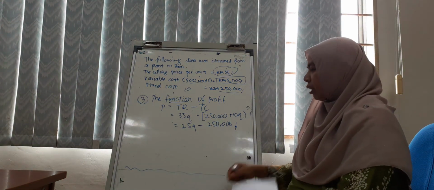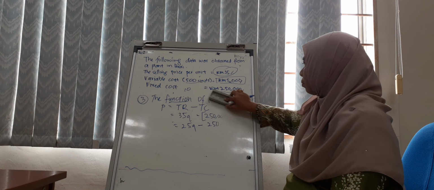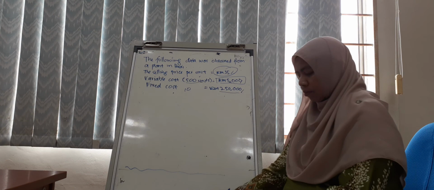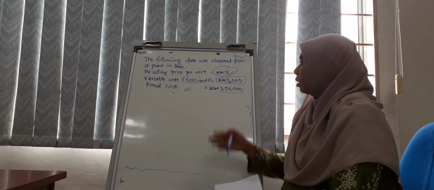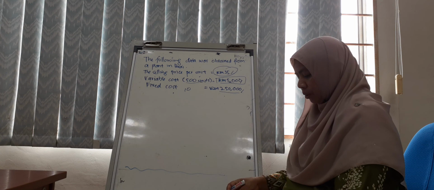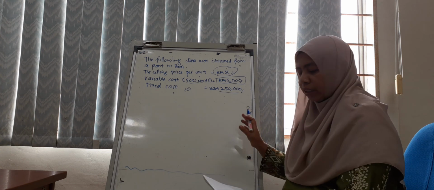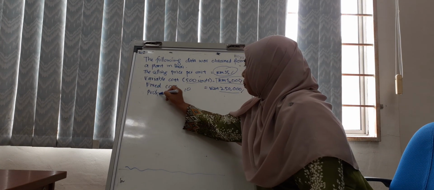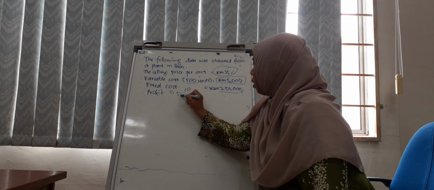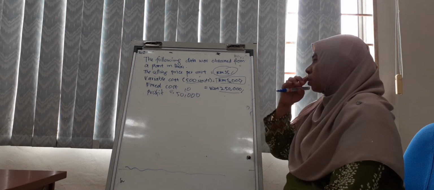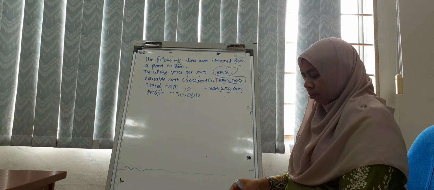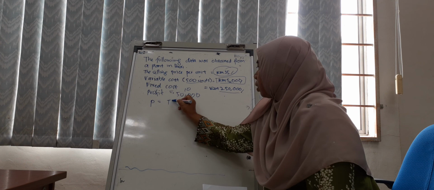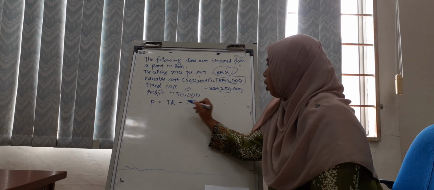Alright, and then the last question. In this question also, they want a target profit. They want profit of 50,000. So what is the quantity? Profit equals total revenue minus total cost.